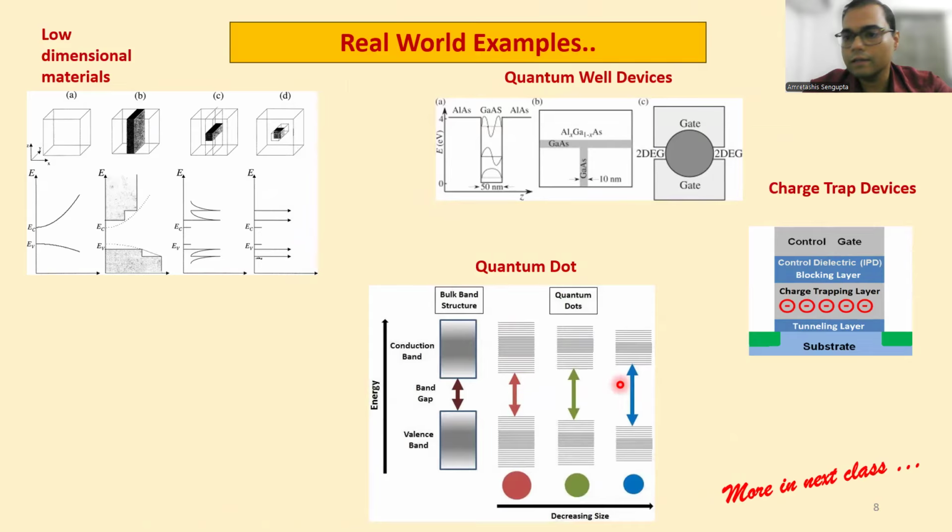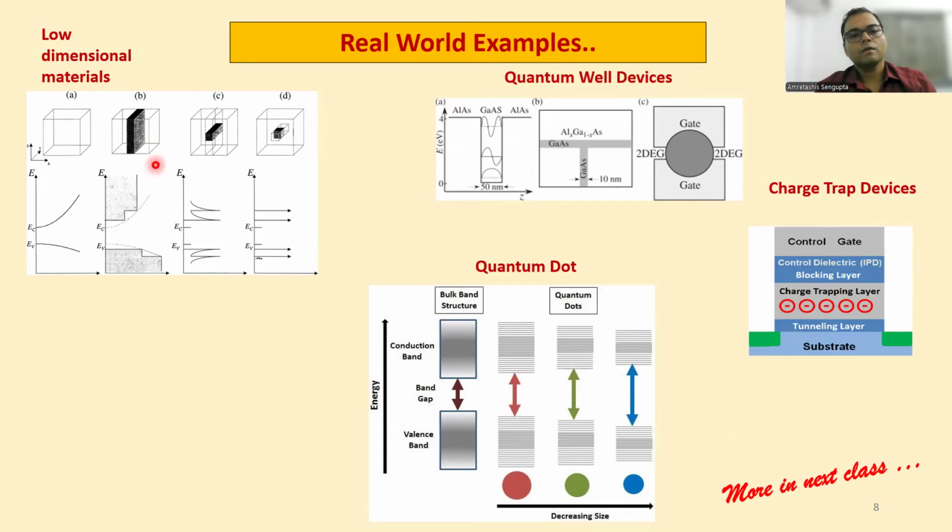In the real world, examples of quantum confinement can be seen in low dimensional materials. If we confine one dimension, like in this case, the electrons in the system are free to move in the other two dimensions, and that becomes a 2D material.